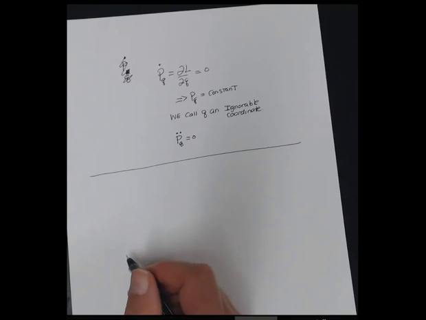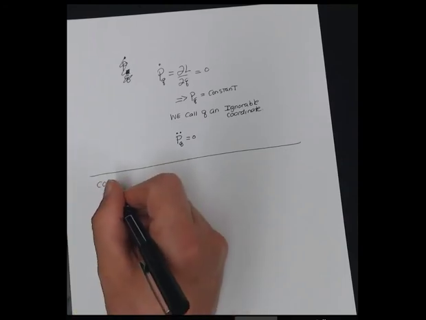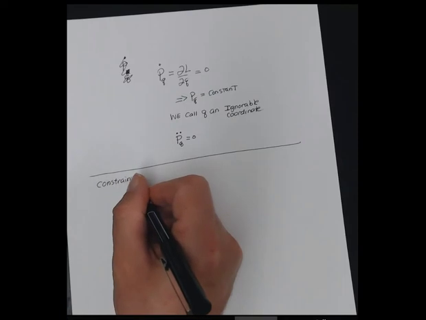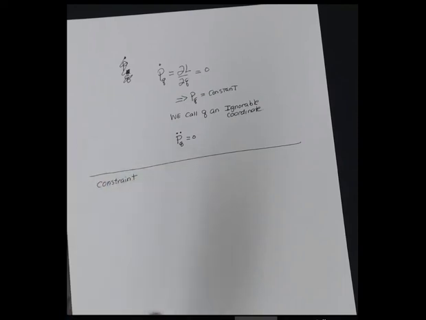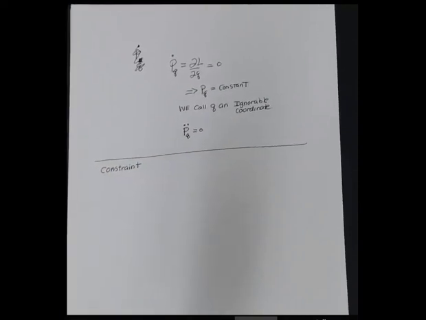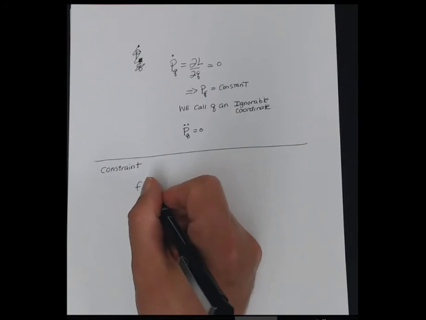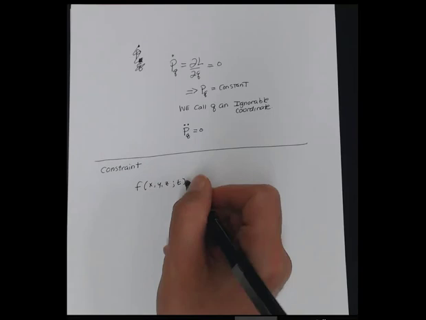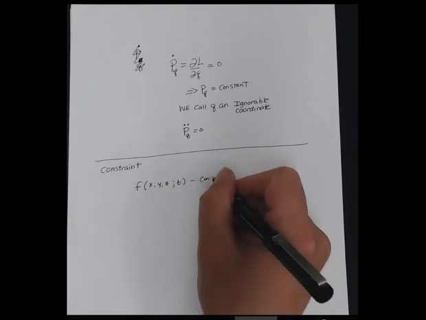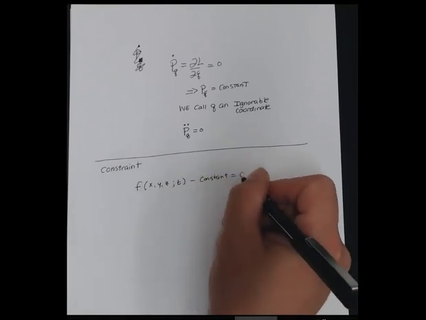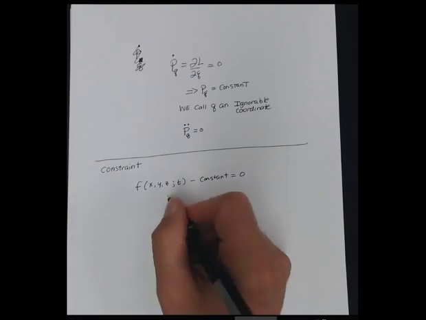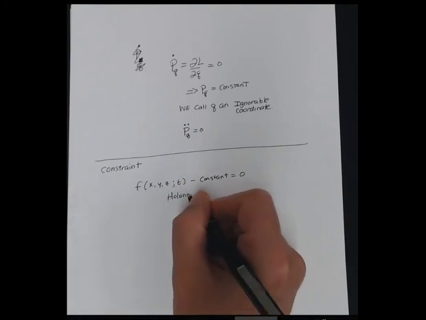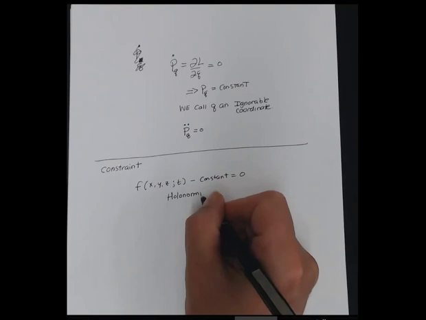And a couple more things about constraints. Back to constraints briefly. We said that a constraint reduces the number of degrees of freedom, but you can write constraints in two ways. If you can write the constraint as a function of, let's say, x, y, z, t, minus some constant equals 0, we call this a holonomic constraint.